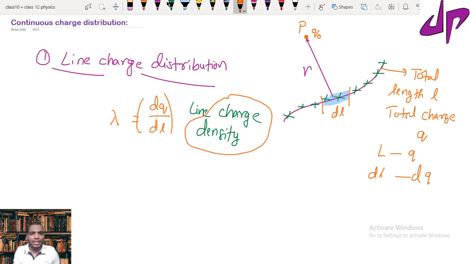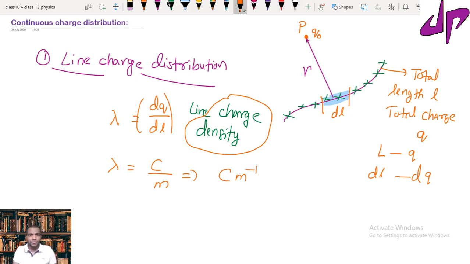So we are representing that as lambda, with lambda equal to dq by dl, the ratio of charge per unit length. The units of lambda: charge units are coulomb and length units are meter, so we can write it as coulomb meter inverse.